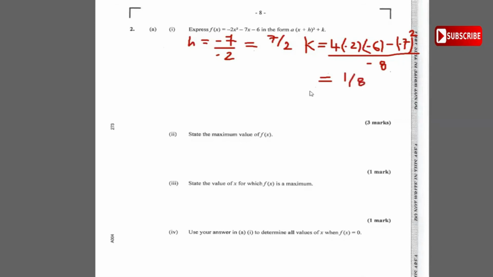Nice and easy. So if this is k, then we can rewrite the function f of x in the correct form.